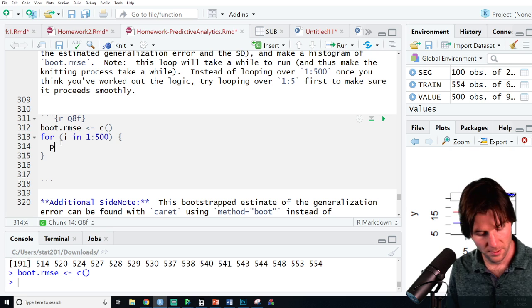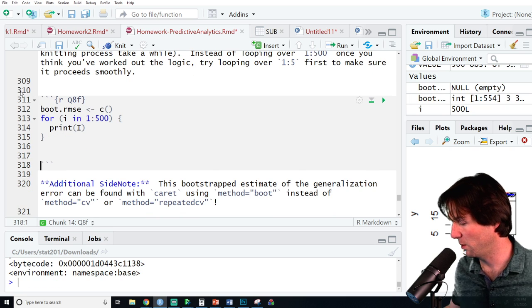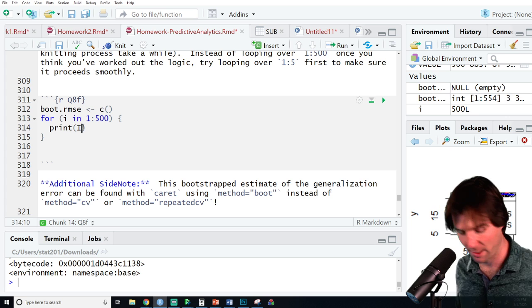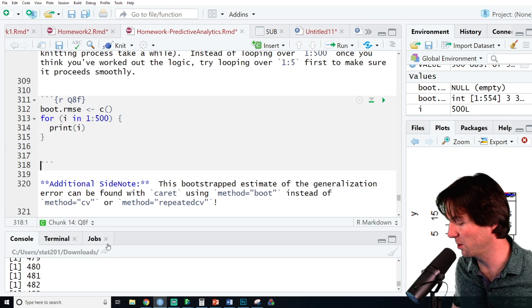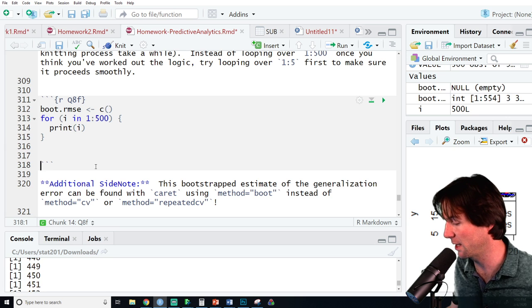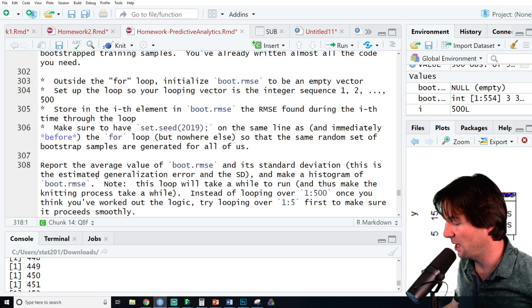For those wondering, this is not the answer, obviously. But what goes on here? Oh, I did capital I. Well, wouldn't you know it? I hit caps lock. I was like, why didn't that work? That just will print all the numbers because all I have it doing is printing i. Store into the ith element in boot RMSE the RMSE found from doing the ith time through the loop.